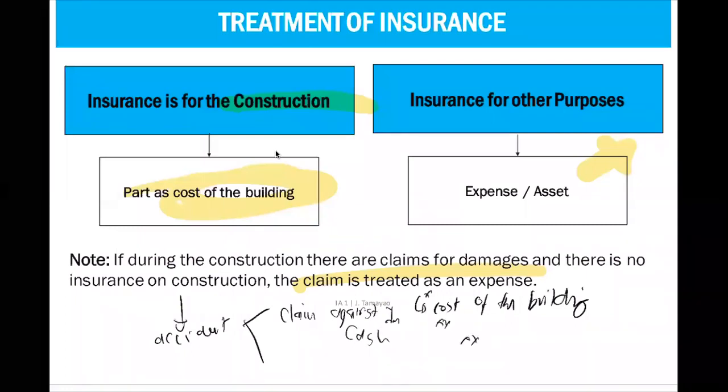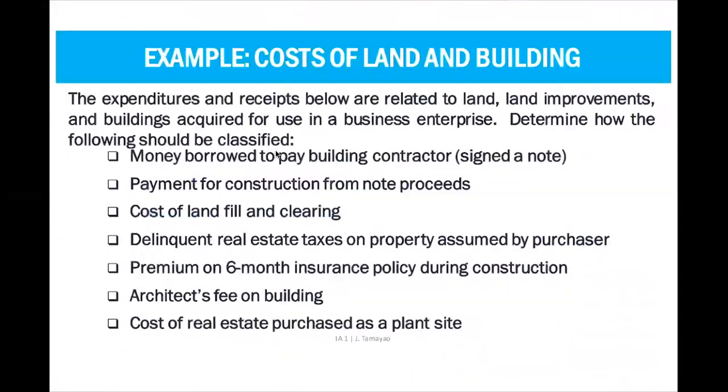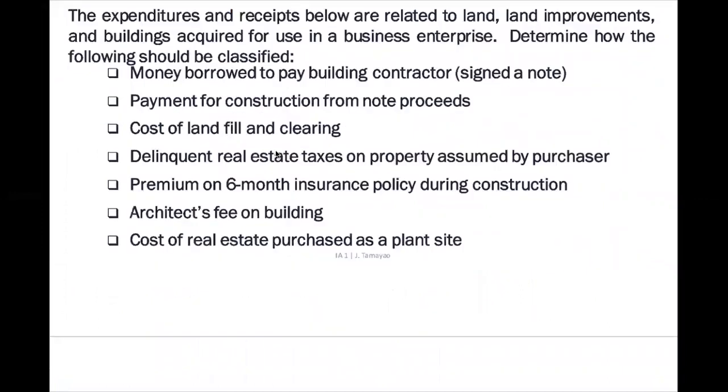Pero pag wala ka namang claim sa insurer mo, edi meron kang expense. So expense, cash. Yun yung ibig kong sabihin. But never ever treat the damages or claim for damages as part of your cost of the building because it is not necessary for the present location and condition of the building. Okay, we will forego that.